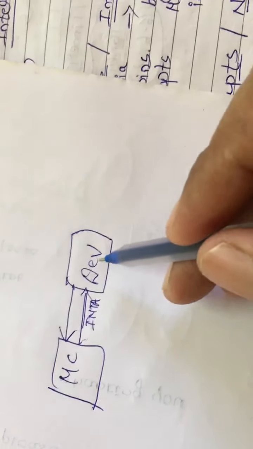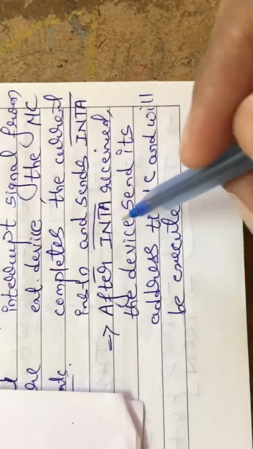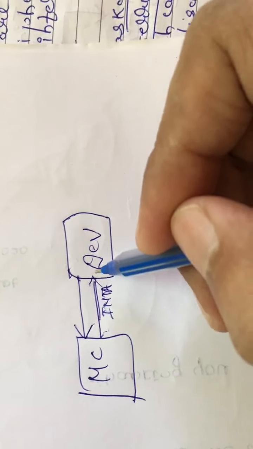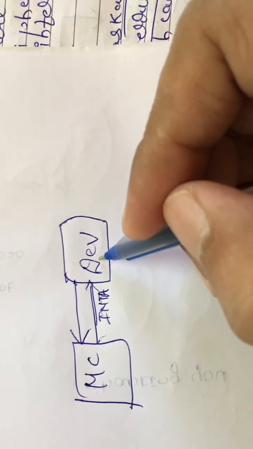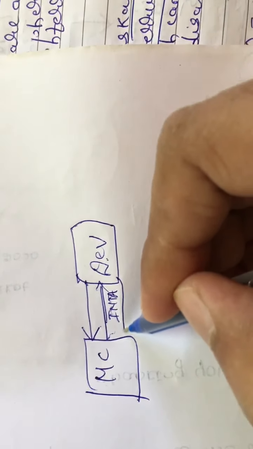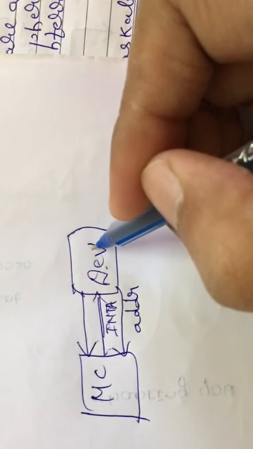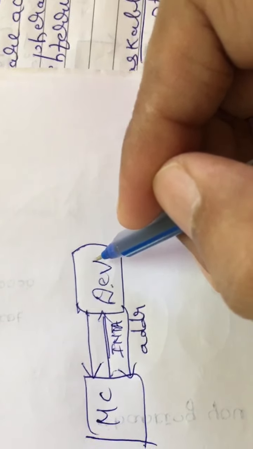After INTA bar is received by the device, what does the device do? After INTA bar is received, the device sends its address. So when INTA bar is received by the device, it will send the address of that particular device where it is located.